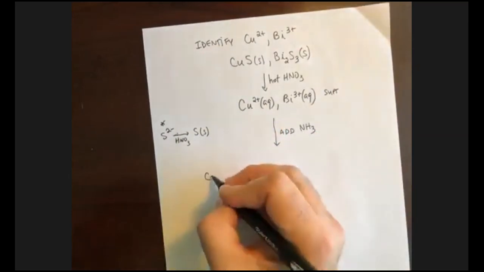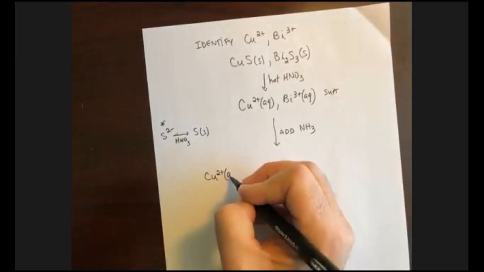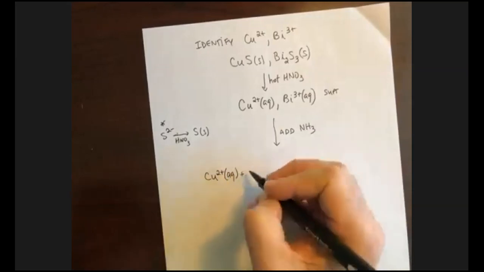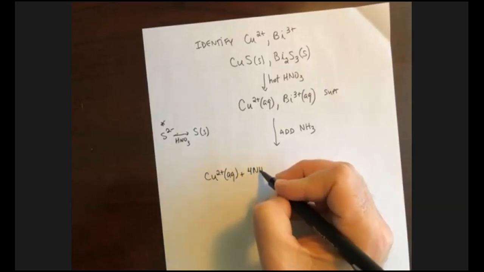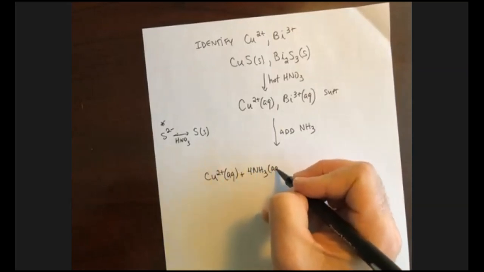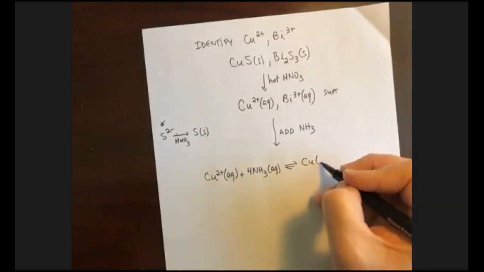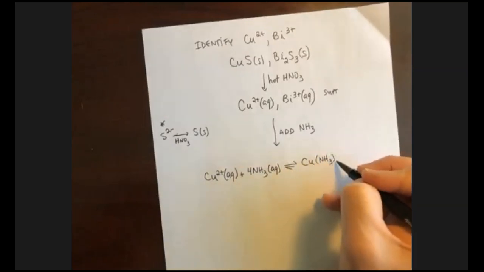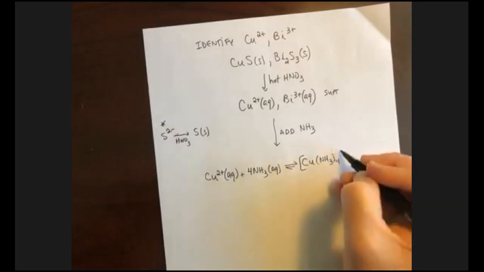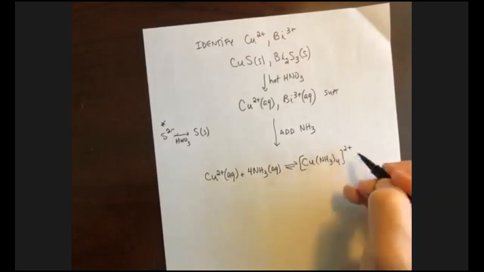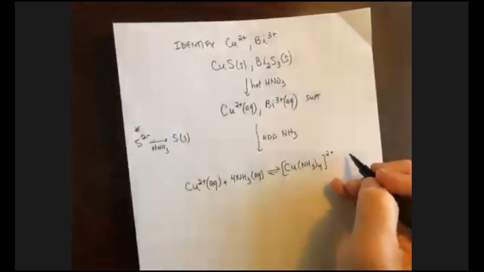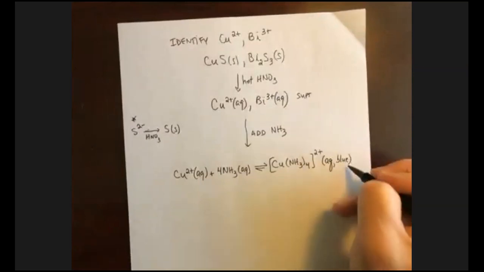In the presence of ammonia, copper ions form a complex ion with ammonia. This complex has the following form, and we can abbreviate it this way. This is going to be a purely soluble complex, and it has a deep blue color.